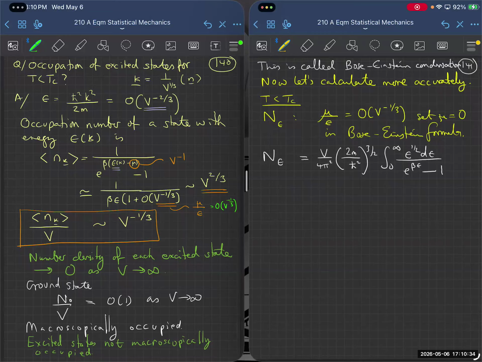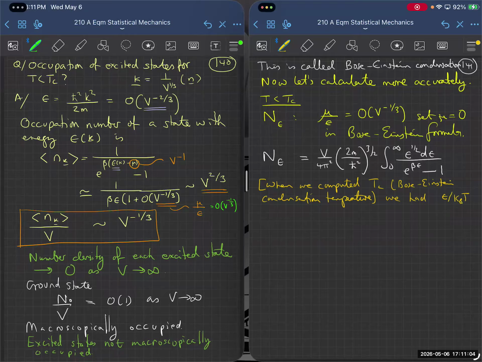When we computed the Bose-Einstein condensation temperature, you had epsilon over k_B Tc, but now we have epsilon over k_B T. So it's the same integral.